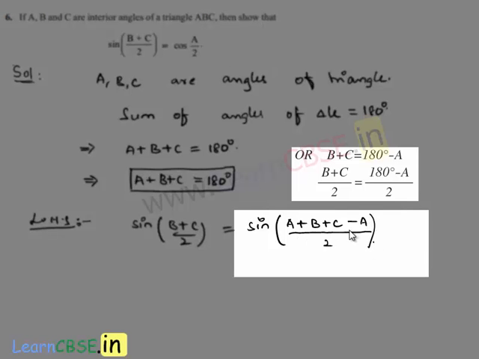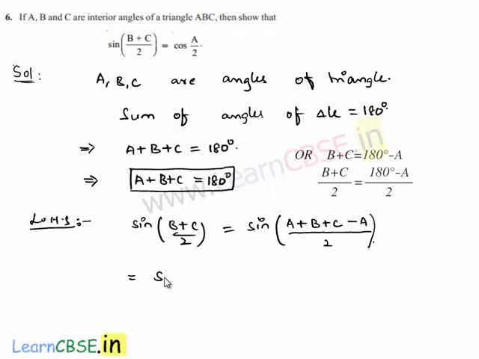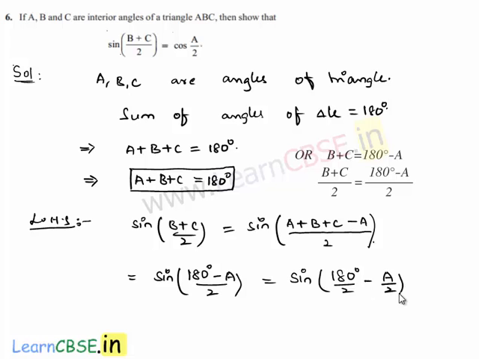So we don't get any change in the value, that is (B plus C) by 2, which will be equal to sine of (A plus B plus C, which is 180 degrees from the above proof, minus A) by 2, that will be equal to sine of (180 degrees minus A) by 2, which can be written as sine of (180 degrees by 2 minus A by 2), which is equal to sine of (90 degrees minus A by 2).